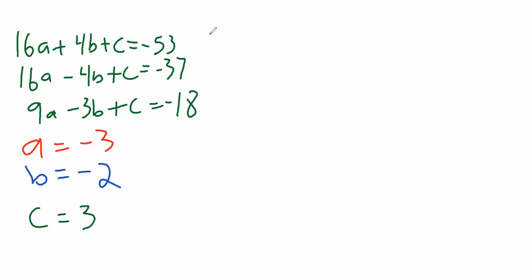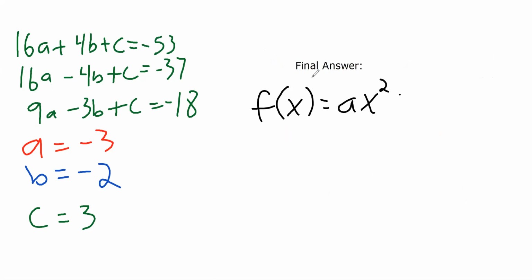And so the final answer, the quadratic, remember, could be written back here: f of x equals ax squared plus bx plus c. This was the quadratic with the coefficients a, b, and c that passed through those 3 points that we started with last time.